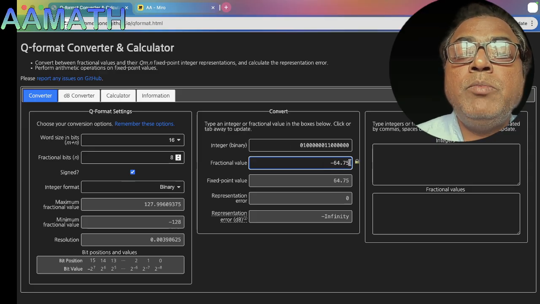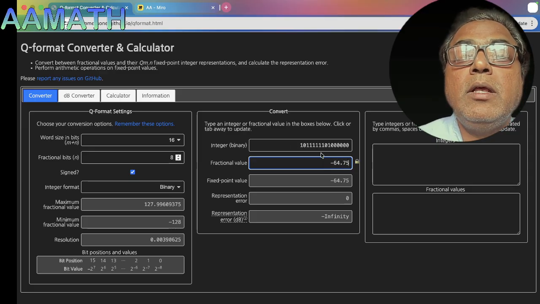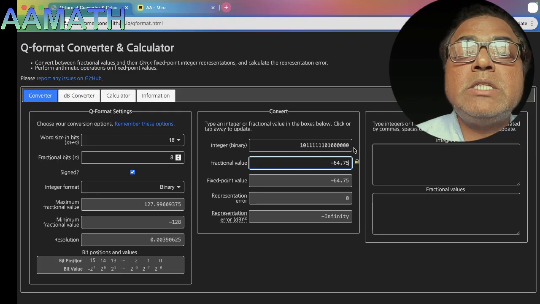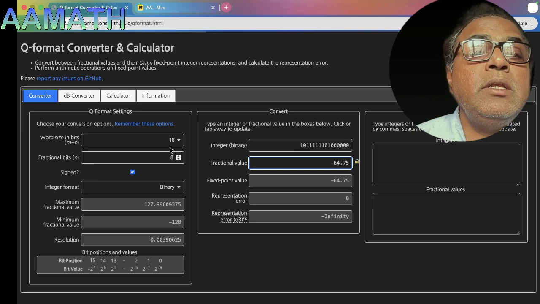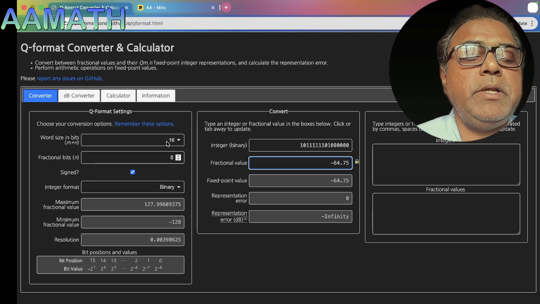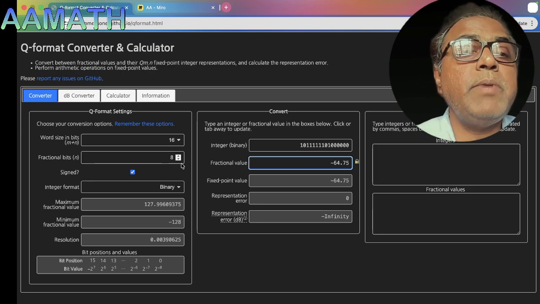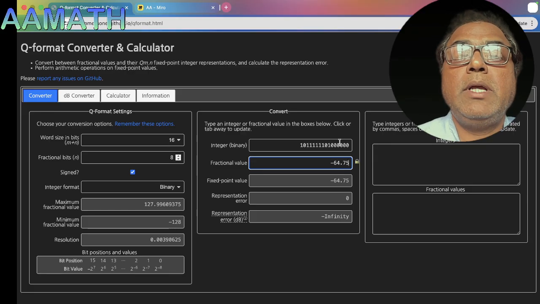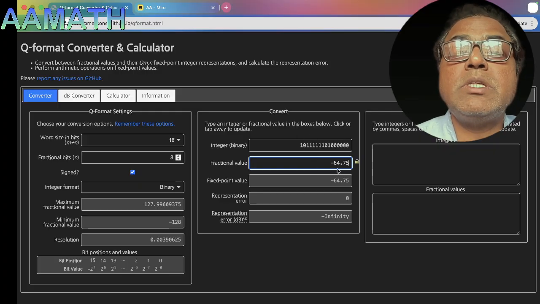So the value of this is 1 0 1 1 1 1 1 1 0 1, and this is the fixed point binary representation in Q8.8, actually 8 for the fractional part and 8 for the integer part, including one sign bit, and this is minus 64.75.